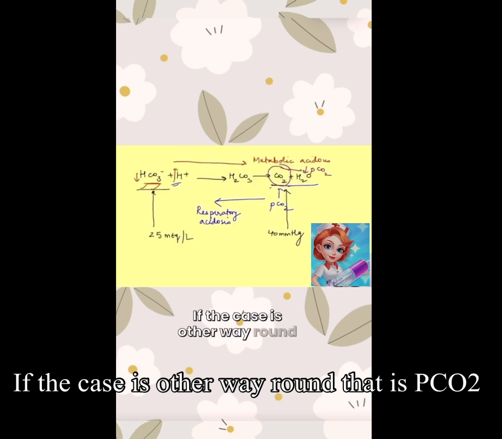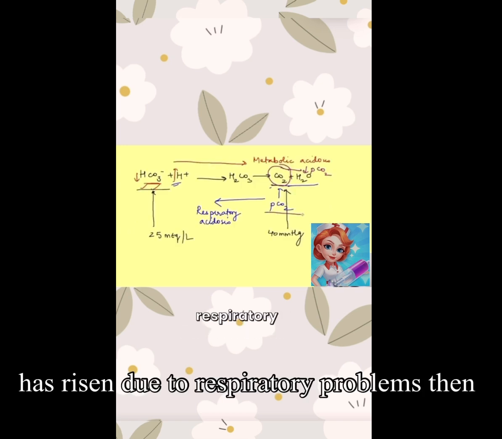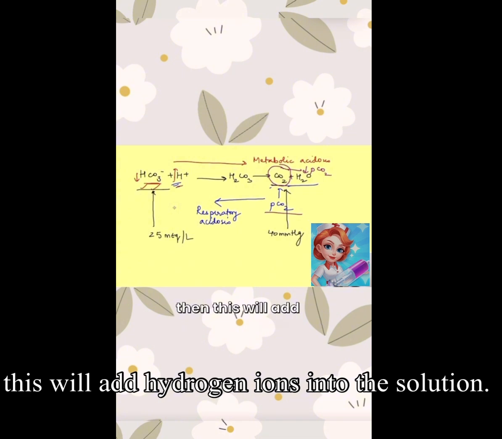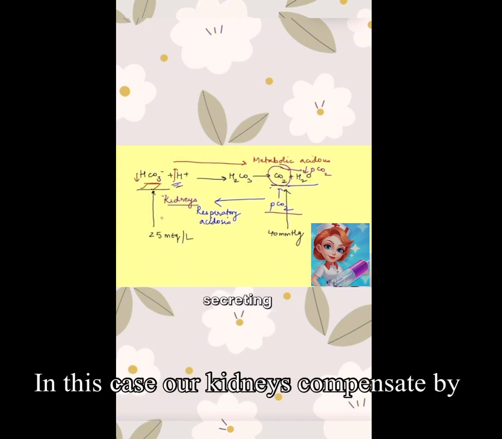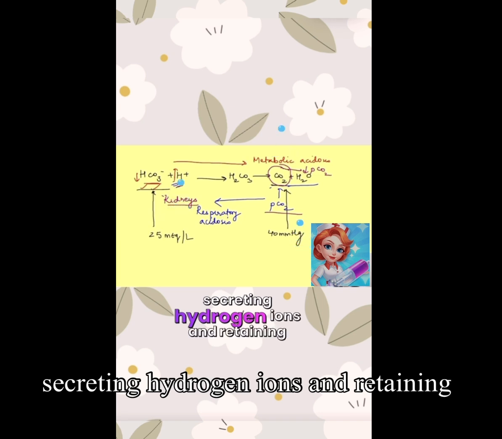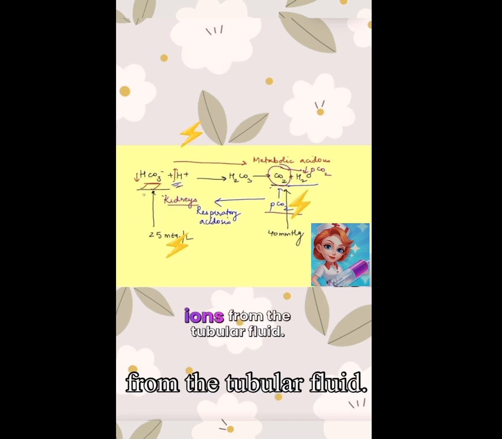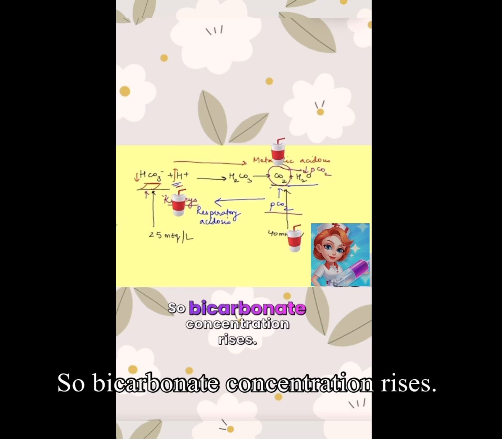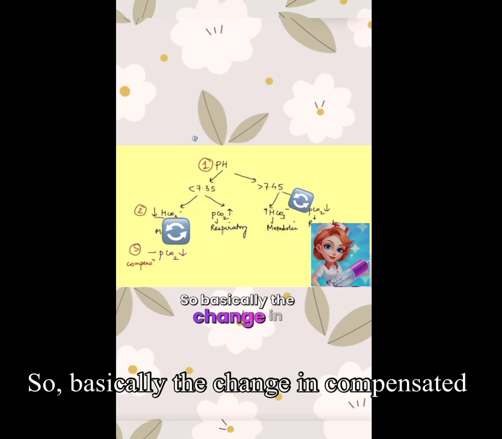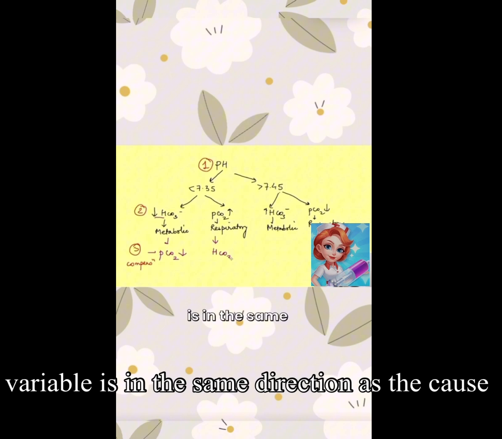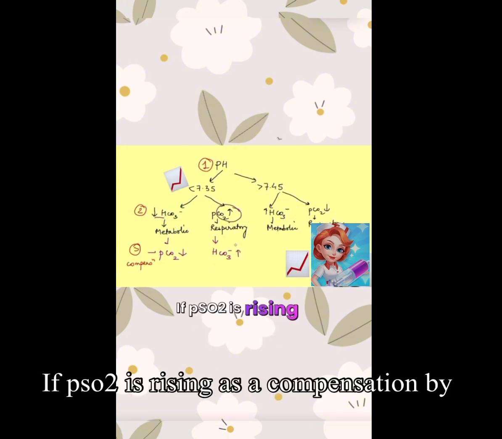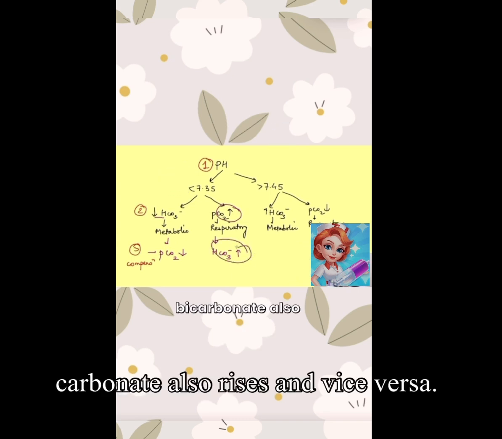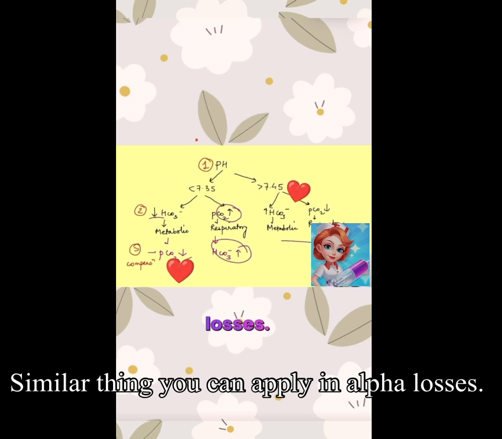If the case is other way around, that is PCO2 has risen due to respiratory problems, then this will add hydrogen ions into the solution. In this case, our kidneys compensate by secreting hydrogen ions and retaining bicarbonate ions from the tubular fluid. So bicarbonate concentration rises. So basically, the change in compensated variable is in the same direction as the cause of change. If PCO2 is rising, as a compensation, bicarbonate also rises and vice versa. Similar thing you can apply in alkalosis.